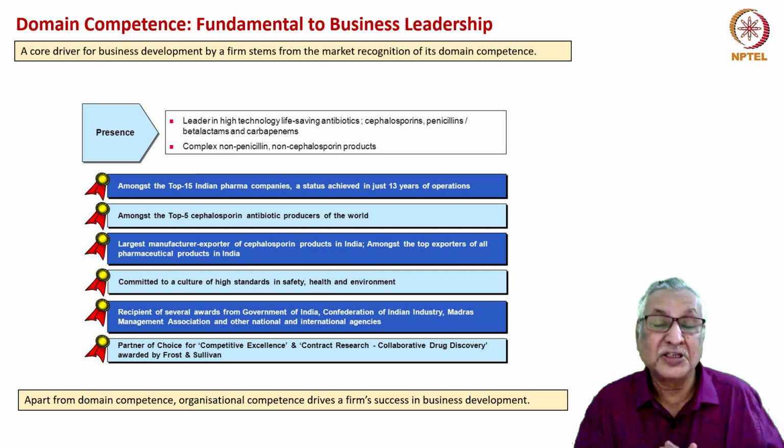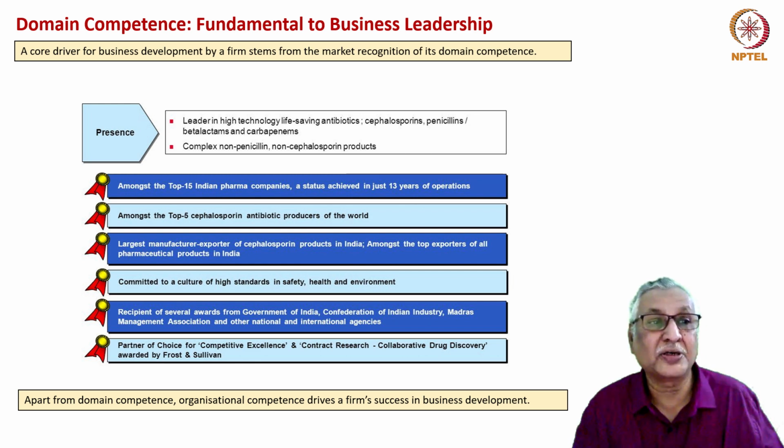Domain competence is fundamental to business leadership, and business leadership again is fundamental for successful business development. A core driver for Orchid's business development stems from the market recognition of its domain competence in a number of therapeutic areas, number of products, and having a ranking amongst the top 15 or top 5, whichever way you look at the company.